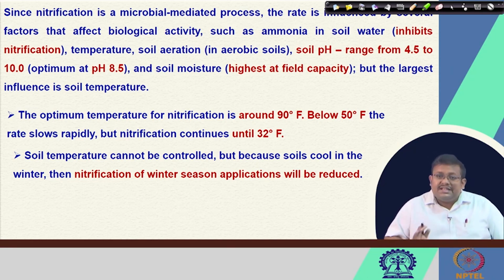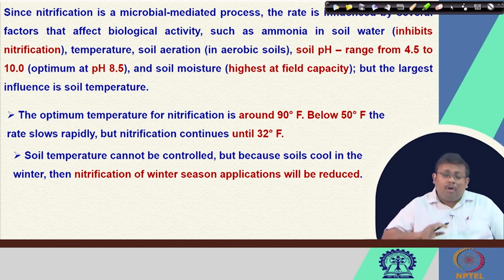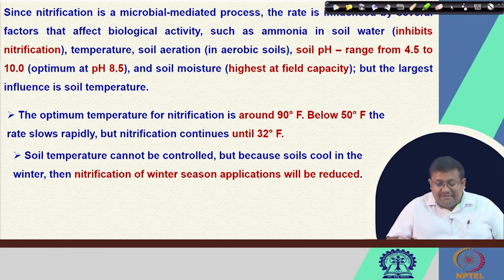So, nitrification is highest when the soil moisture is conducive for the growth of the microbes, but among all these, the largest influence can be seen from the temperature. The optimum temperature for nitrification is around 90 degrees Fahrenheit. Below 50 degrees Fahrenheit, the rate slows rapidly and nitrification continues until 32 degrees Fahrenheit.